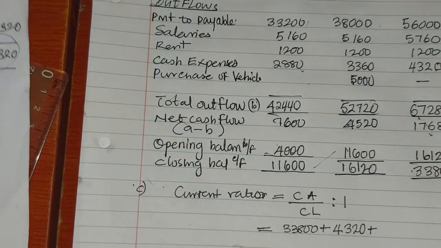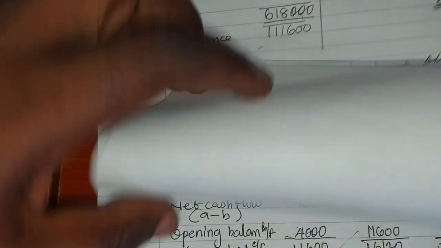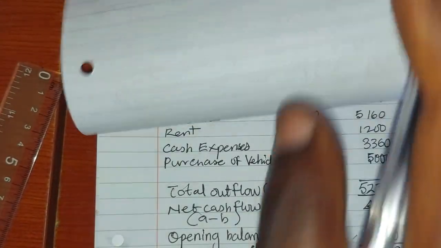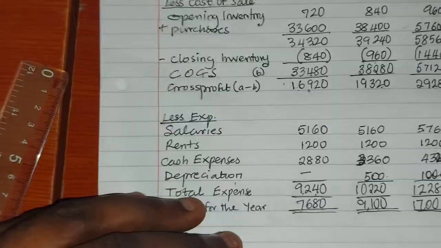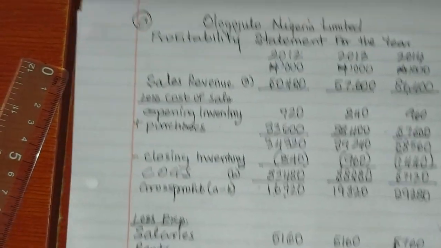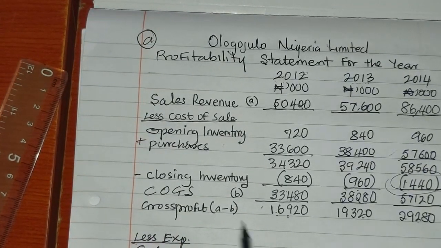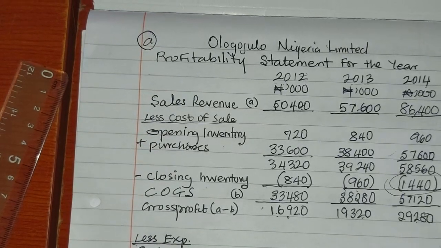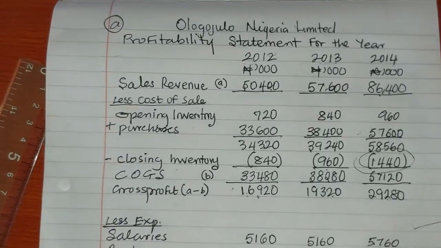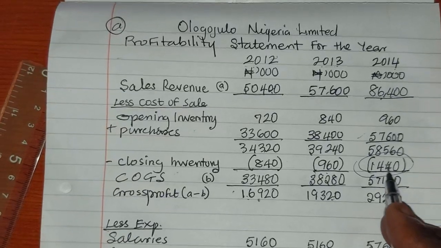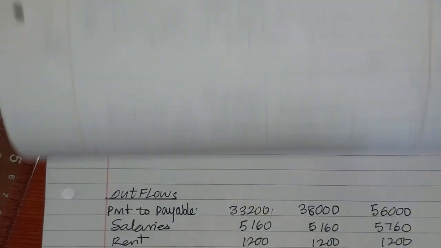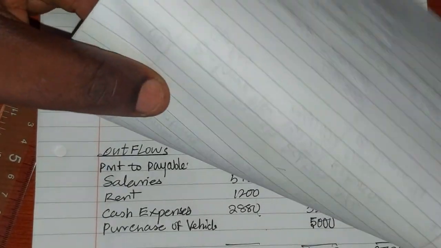Plus the closing stock in our profitability statements, that's the closing inventory. In our profitability statements, where we prepared this in the first video.